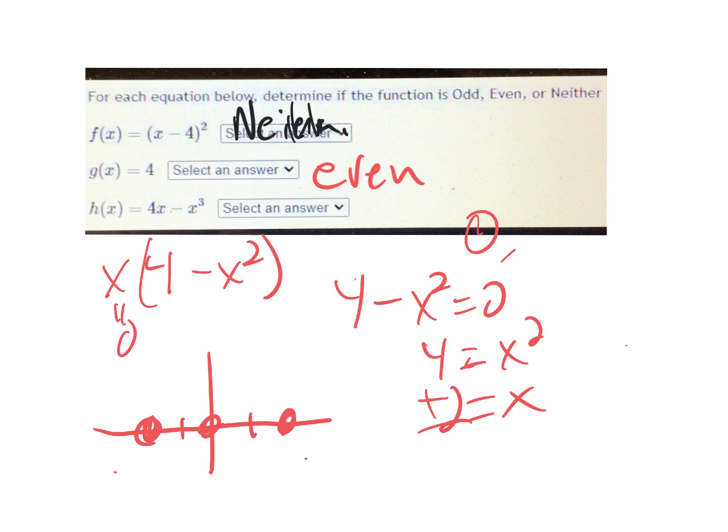And normally cubic functions head off in this direction. As x goes to negative infinity, y goes to negative infinity. As x goes out to positive infinity, y goes up to positive infinity. But this has been reflected around the x-axis. So this one's going to go like this, up like this, down like this.